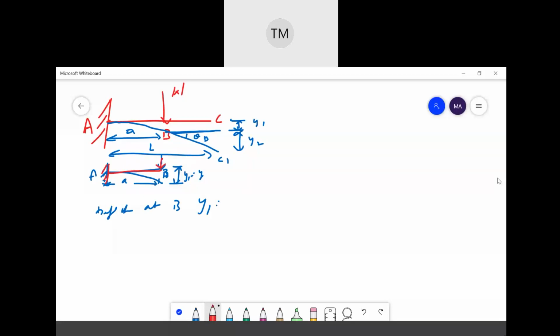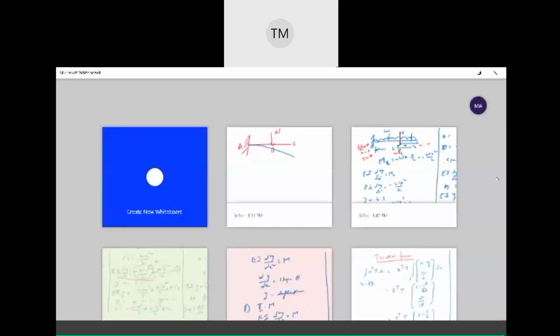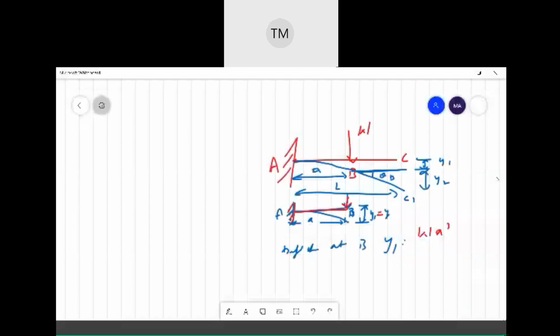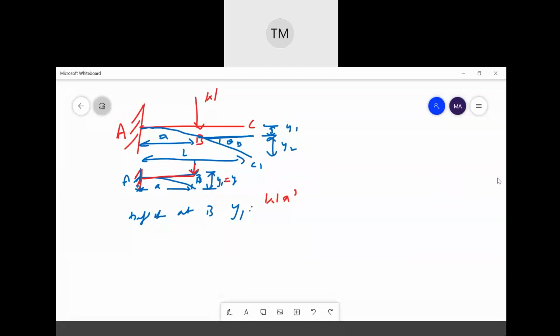So what is the formula here? That is WA cube by, you have already derived it in the previous derivation. The formula for a cantilever with a point load is WL cube by 3EI.